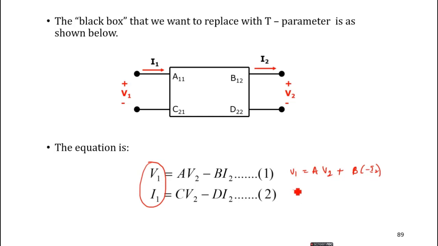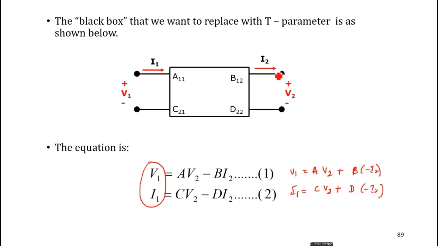It is also possible, because we followed this sequence previously, so compared to those equations it can also be done with a plus sign, and here the current I2 is not entering the port, instead it is leaving the port. You can see the black box there.